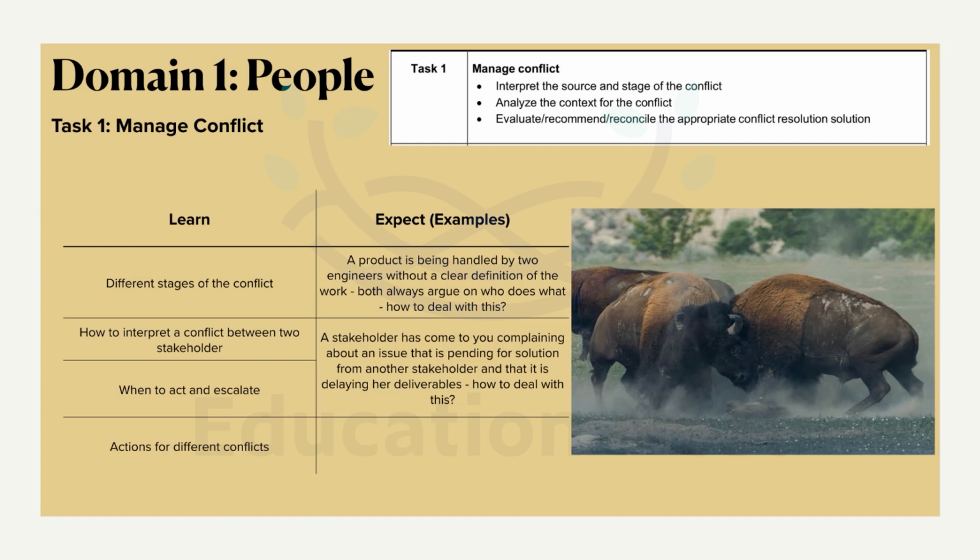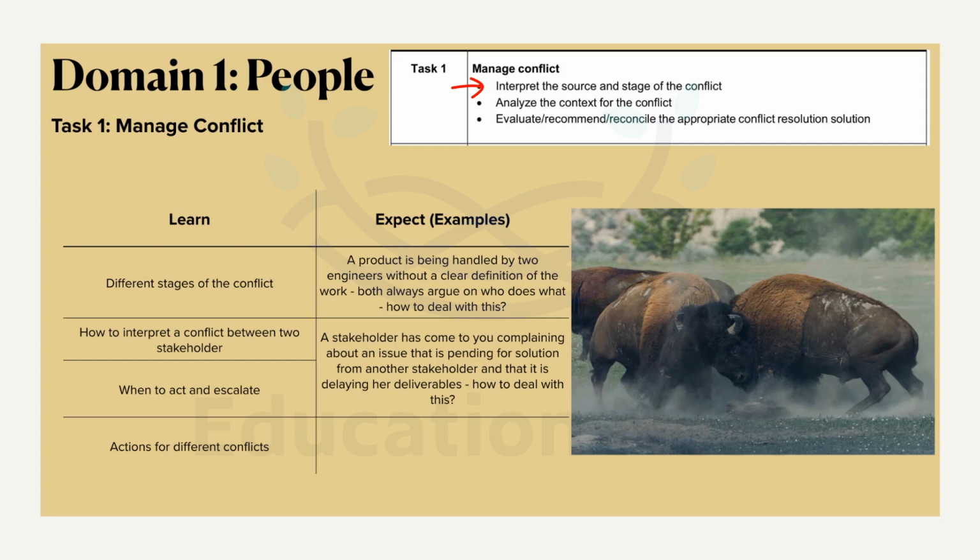And the PMI expects the project manager to handle conflict management using the three enablers mentioned here. What does it say? Interpret the source and stage of the conflict, then analyze the context for the conflict, and then evaluate, recommend, or reconcile the appropriate conflict resolution solution. Interpret the source and the stage of the conflict, right?